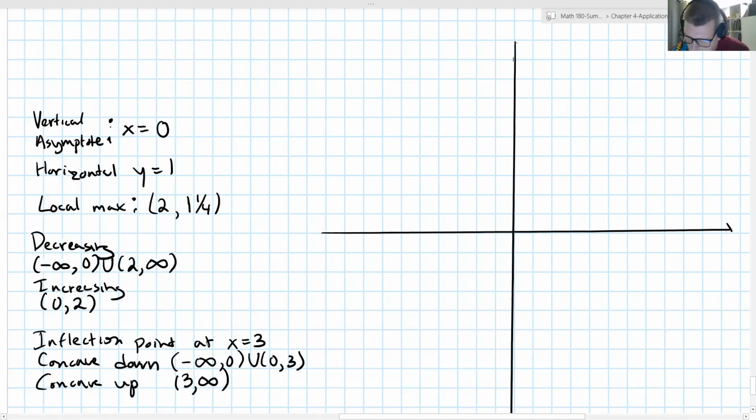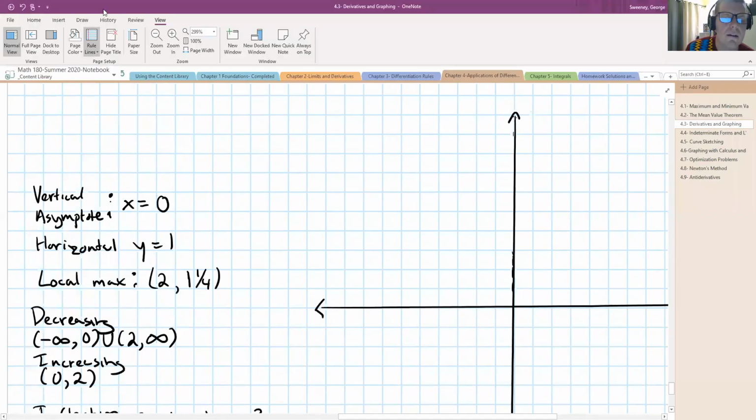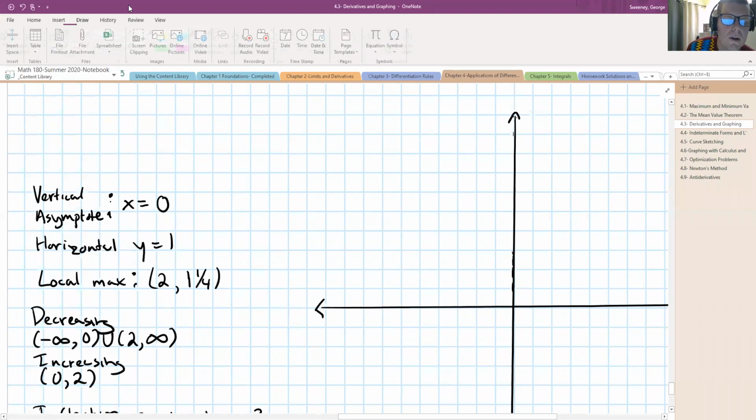So there's that. First thing I'm going to do is put in my vertical asymptote, so I'll just put that in red.